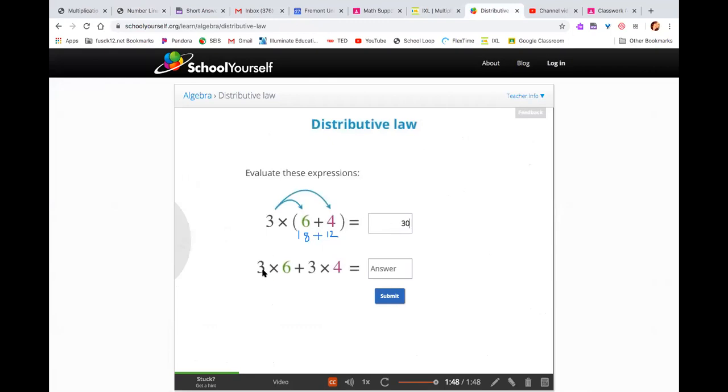And then over here, you said 3 times 6 was 18. So that didn't change. And 3 times 4 is still 12. So it's still 18 plus 12, which will keep us with the answer of 30 again.